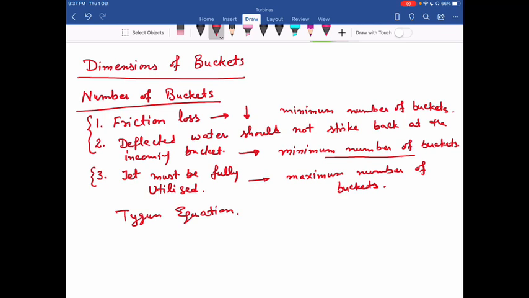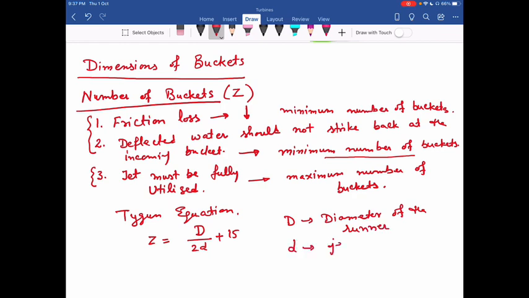Okay. Now this equation says the number of buckets, that is capital Z, is equal to D divided by 2d plus 15, where D is the diameter of the runner, and small d is the jet diameter.